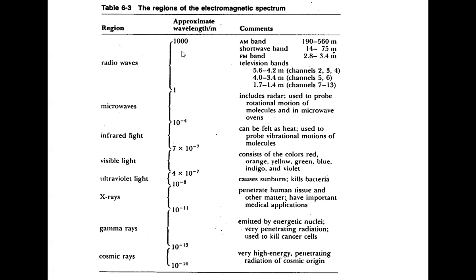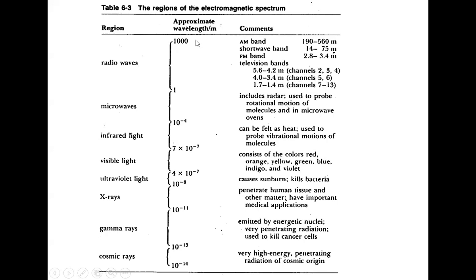So in this case, you can see here the various radio waves: shortwave radio, AM radio, FM radio, and then the television bands, those channels there. But you can go to the microwaves and what they are used for. The microwave portion of the electromagnetic spectrum is used to probe the rotations of molecules.